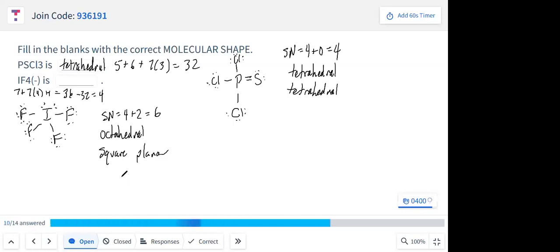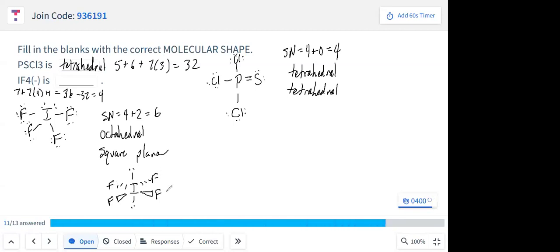And so if you're interested in how do I draw that 3-dimensionally, well, I've got iodine in the middle. And so my lone pairs need to be as far apart as possible. So they are going to occupy opposite positions. Most commonly, we use the axial positions for that, which would mean that the fluorines go here in the equatorial plane.